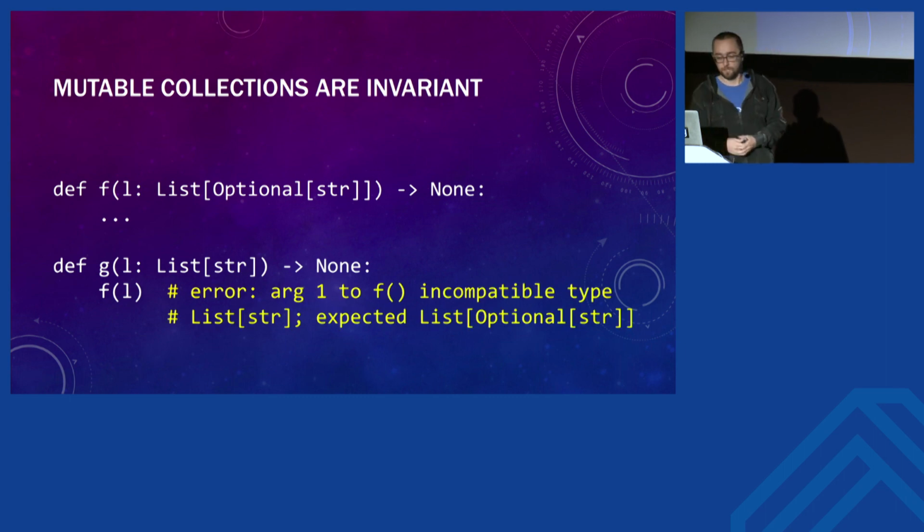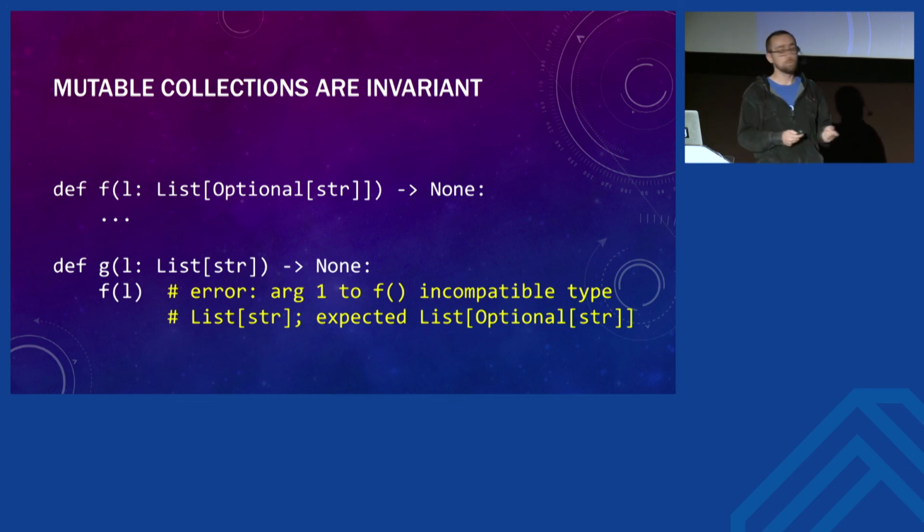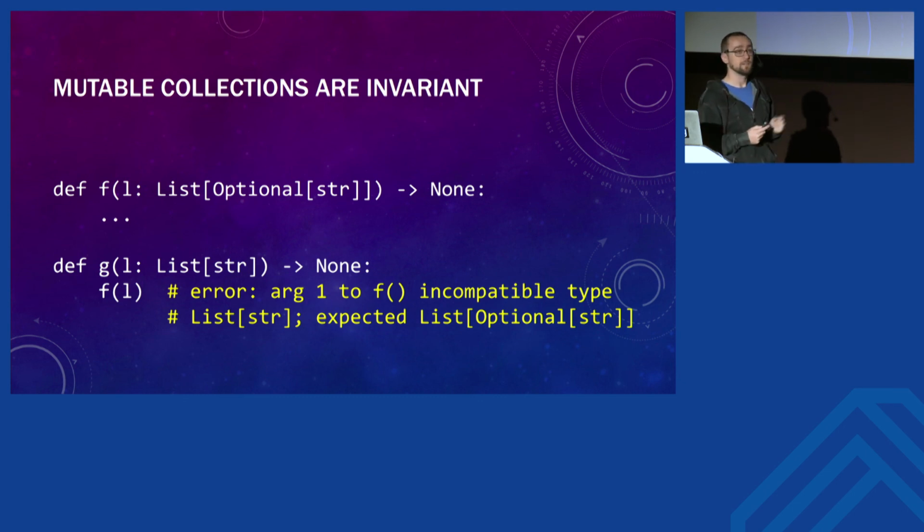No, it's not. Because if you would be mutating that list in function f, now that type is no longer a valid list of strings. Possibly you put a new None value in function f. So function g now has a corrupted type.